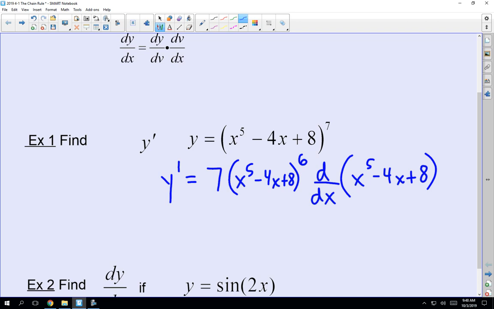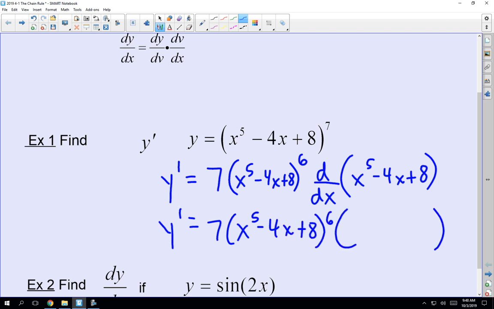That's the dy dv part right here, and then times dv dx. If I were to call this v, what's the derivative of this part right here? So the derivative of this would be 5x to the 4th minus 4. And that's it.